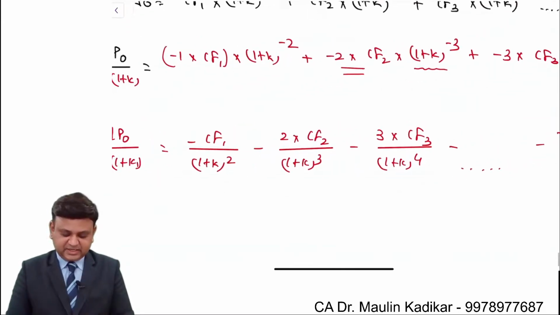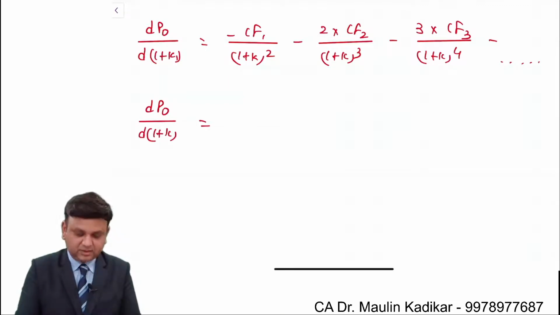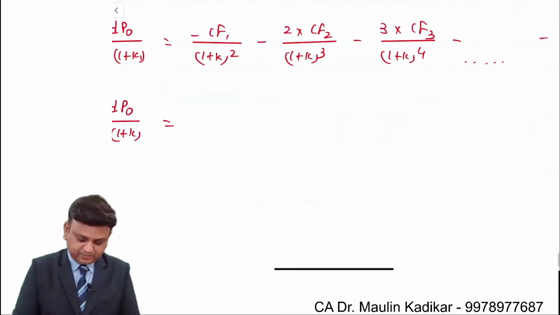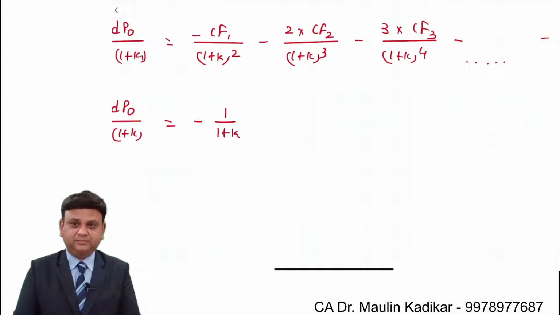Now friends, we understand that the change in P0 divided by the change in the required rate of return is equal to minus 1 upon 1 plus k. I am taking this value as common.